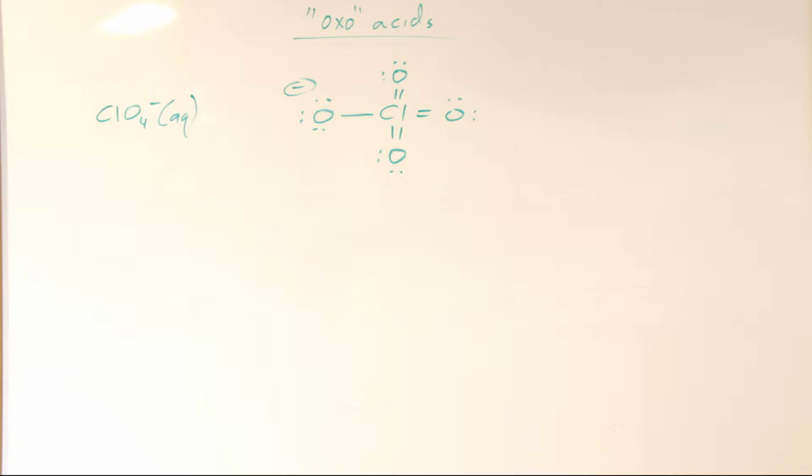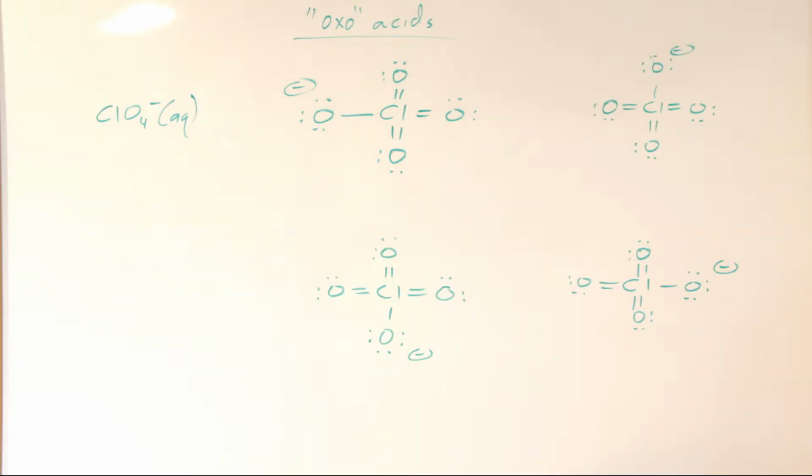So if you think about it, you can draw that Lewis structure one of 4 different ways. And that is, you could draw it with the negative charge attached to any one of those 4 oxygens and multiple bonds, double bonds to all of the other oxygens. This is just formula to Lewis structure with a little bit of understanding that we're in period 3, so we can go beyond 4 bonds.